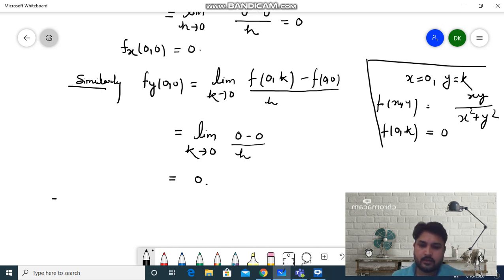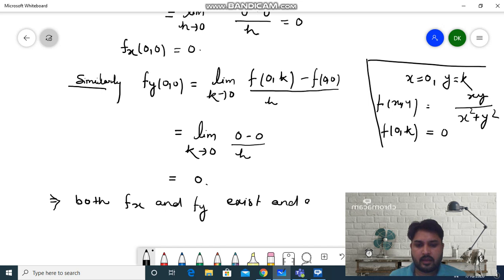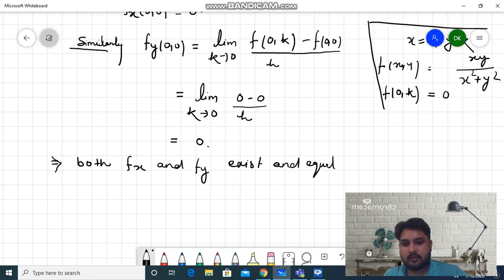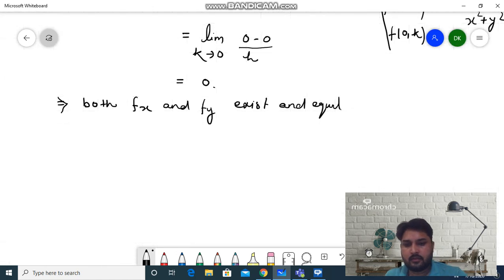So this implies that both partial derivatives fx and fy exist and are equal.